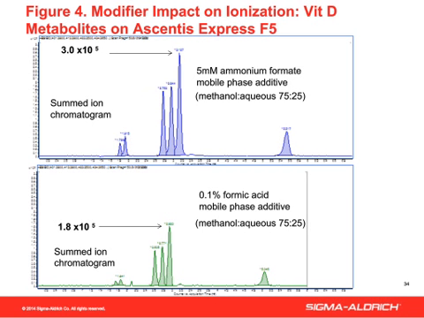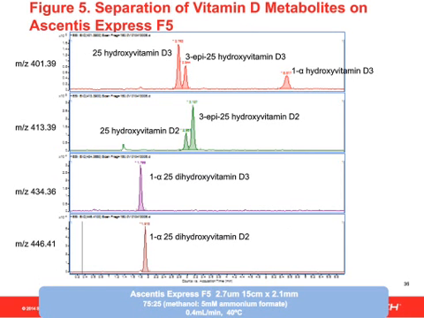So to further show, this is honing in towards the final method conditions that we had developed. What we're showing here is the separation of all 6 vitamin D metabolites on the Ascentis Express F5. And what I've done now is broken the chromatogram down into the compounds based on their mass to charge ratio.